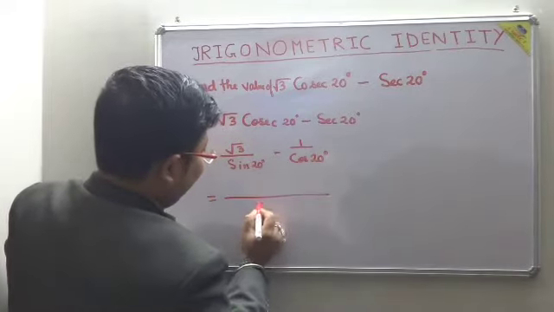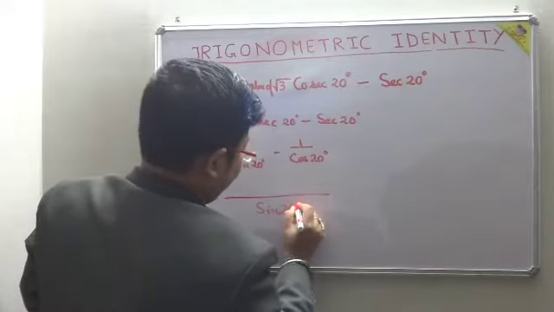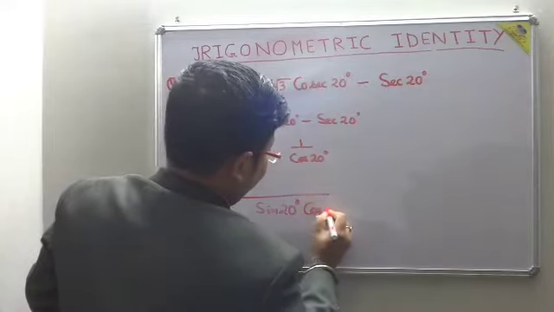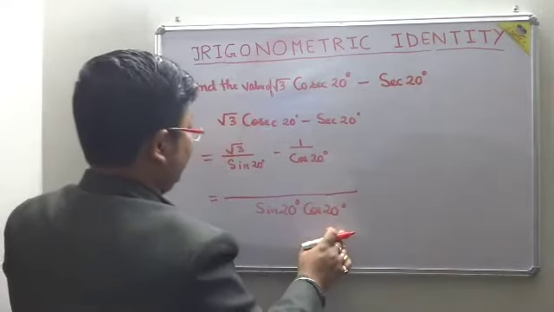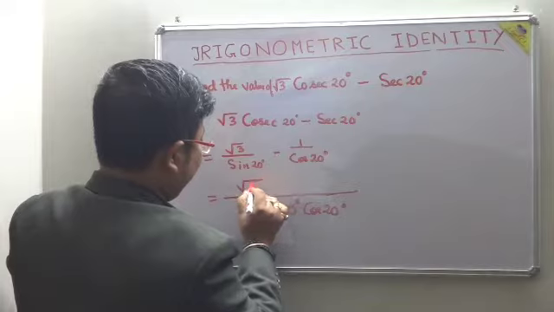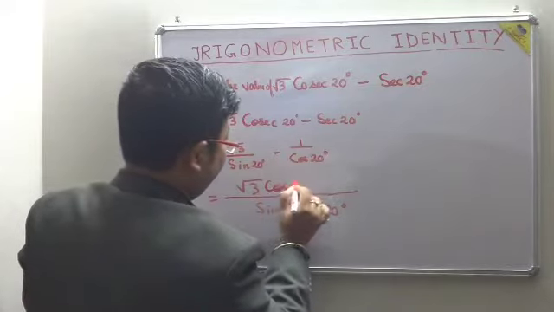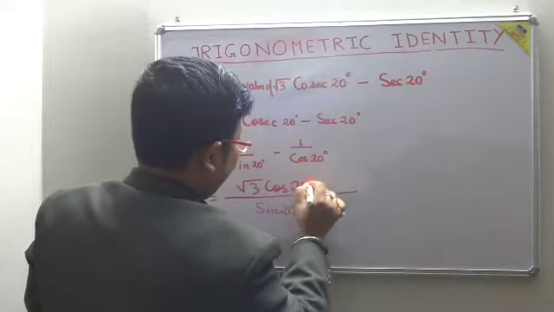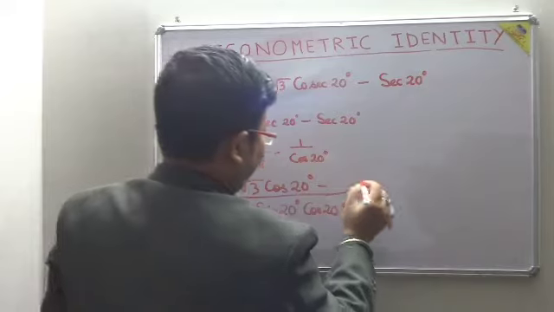By taking the LCM, what will we get? Sin 20 cos 20 in the denominator. So what can we write? Root 3, sin is here, so cos will come, cos 20 minus what will come? Sin.